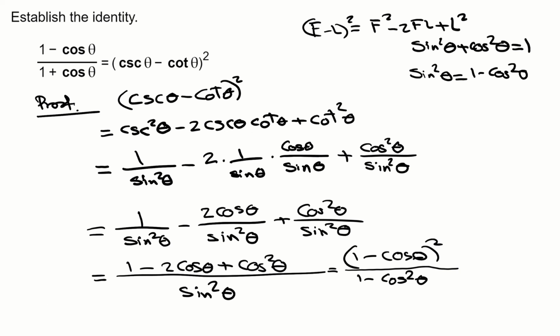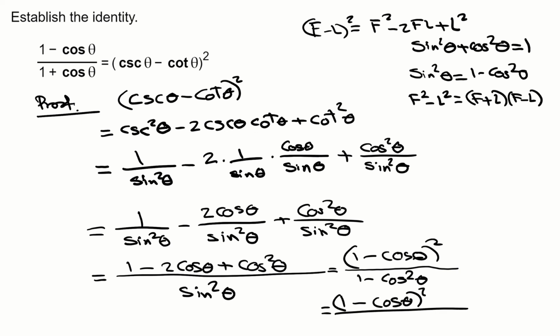And also, from algebra again, you'll have to recall f squared minus L squared being f plus L times f minus L. So using this difference of squares identity with these two squares, we realize that the denominator can be written as 1 plus cosine theta times 1 minus cosine theta.